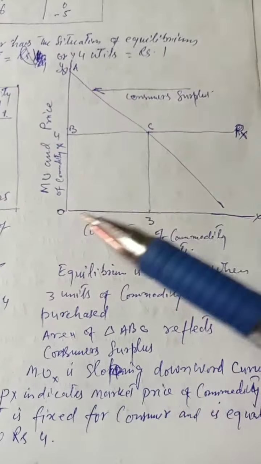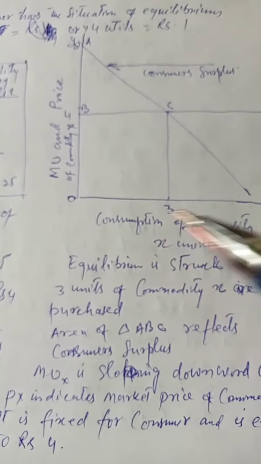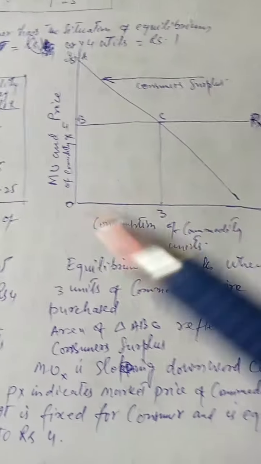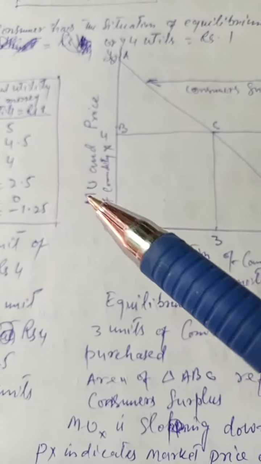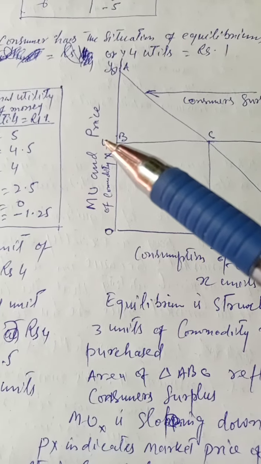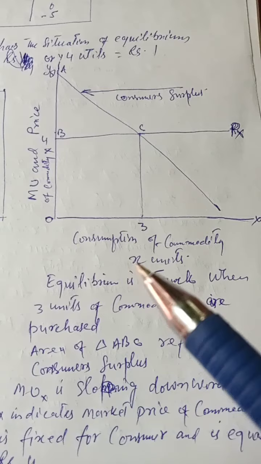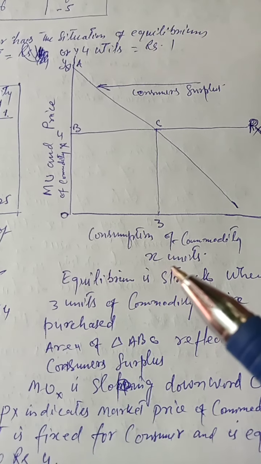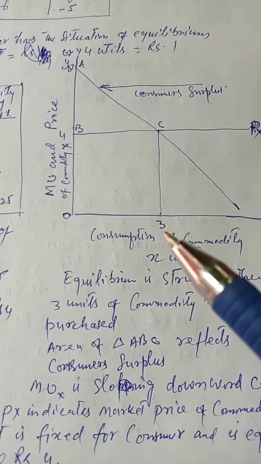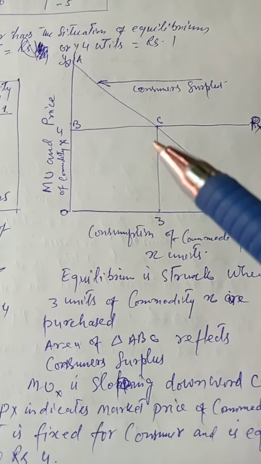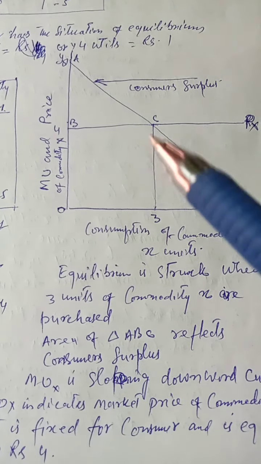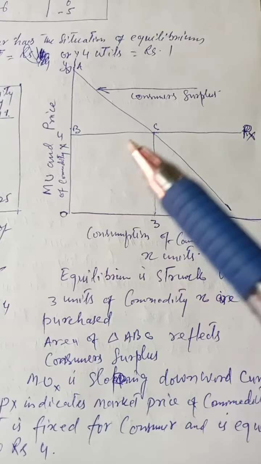X axis, Y axis. Here it is marginal utility and price of commodity. Here it is consumption of commodity X units. So at point third, unit third, when the consumer consumes unit third, here it is equilibrium.